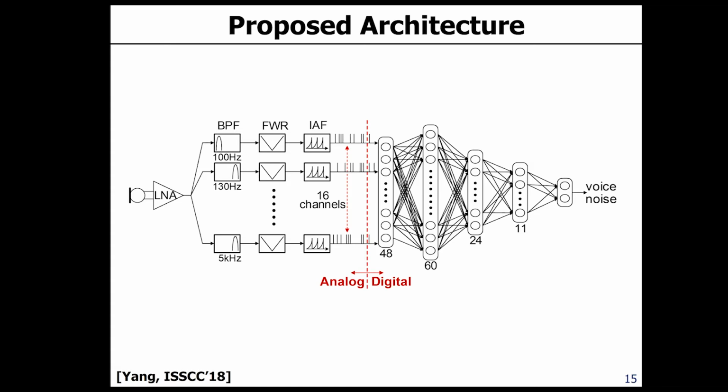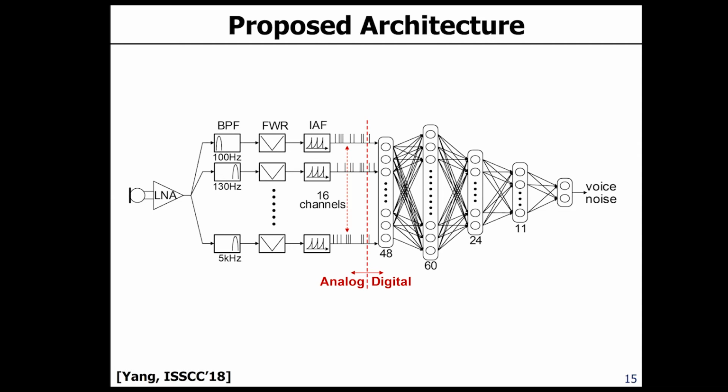So the full-wave rectifier produces a current, and this current magnitude represents the energy component of the specific frequency band, right? And after that, this frequency energy goes into the integrate-and-fire neuron, the IAF, and this IAF essentially produces spikes proportional to the amount of current it received, right?